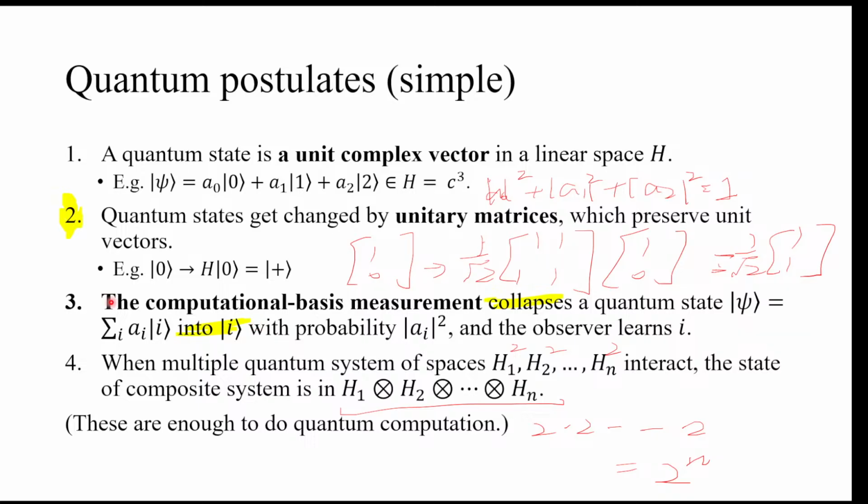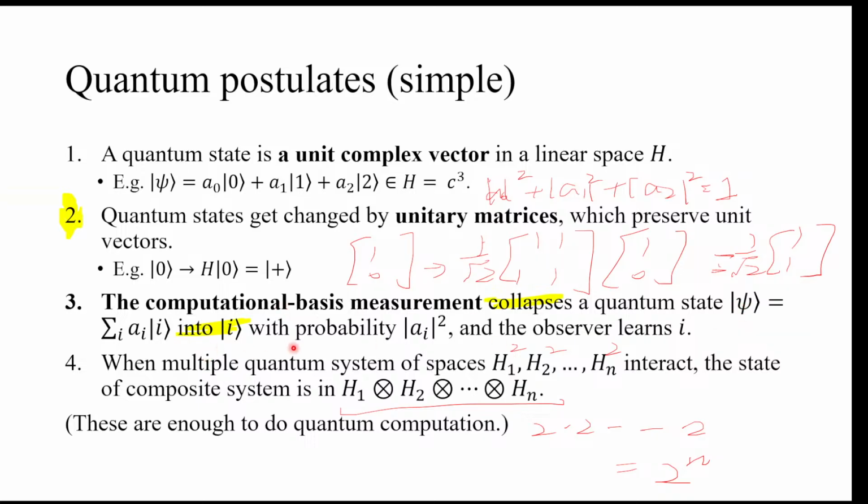When you do a computational basis measurement, your quantum state will collapse into some |i⟩, where i can be any i from 0 to n-1, and the probability of your state going to i is |alpha_i|², the absolute value squared. This is why we want those |alpha_i|² to sum to 1, because you want the measurement probabilities to sum to 1. The observer will also learn which i the state turned into.